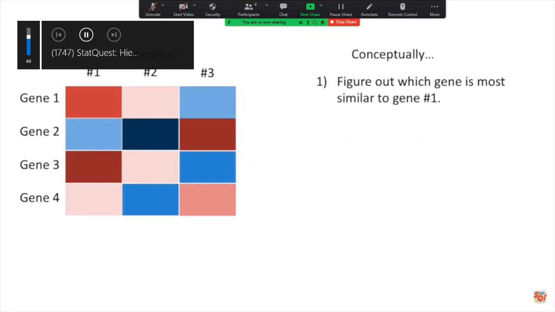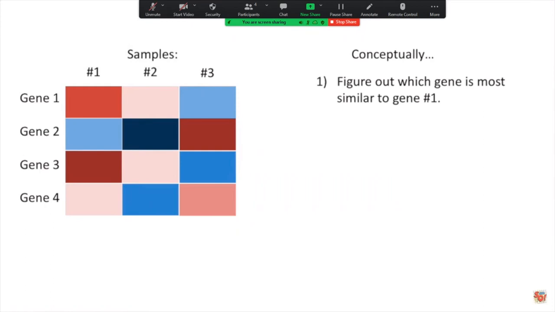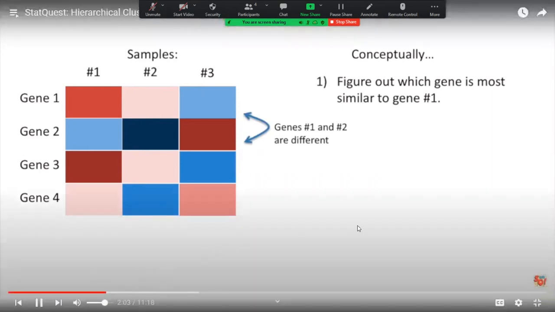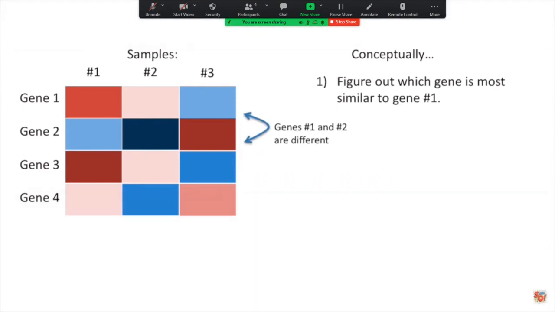Conceptually, the first step is to figure out which gene is most similar to gene number 1. Genes number 1 and 2 are different. We can tell because the colors are very different. Gene 1 is highly expressed in sample number 1, so it has a red color. Gene 2, however, is not highly expressed in sample number 1, so it has a blue color.